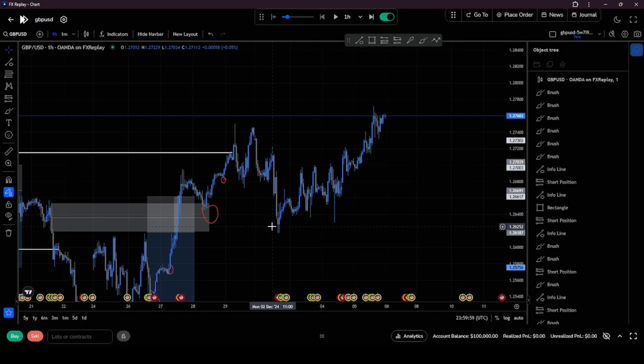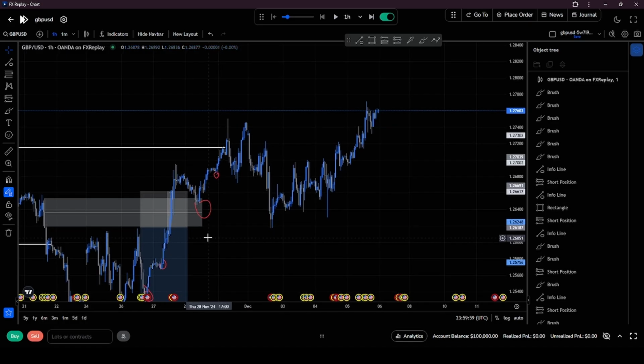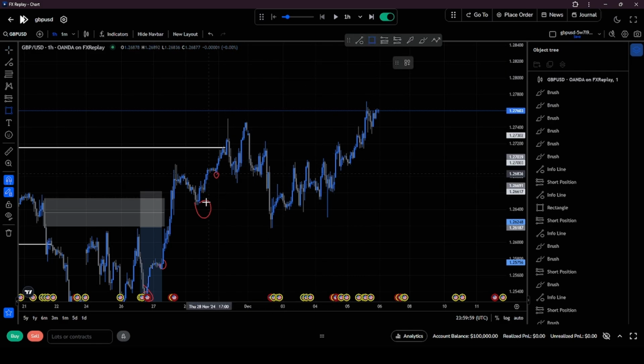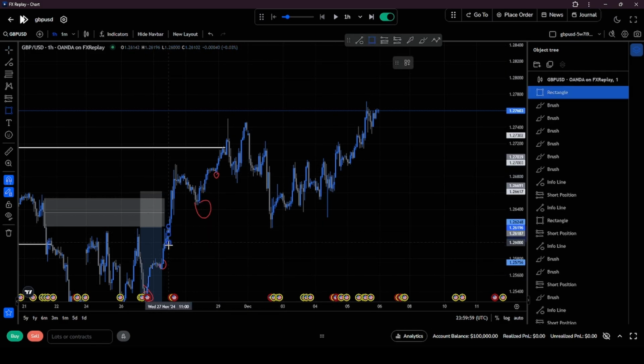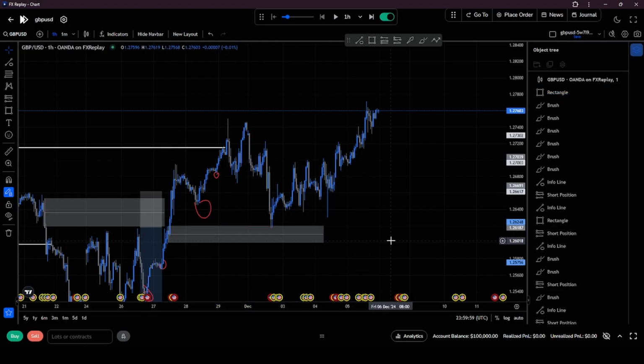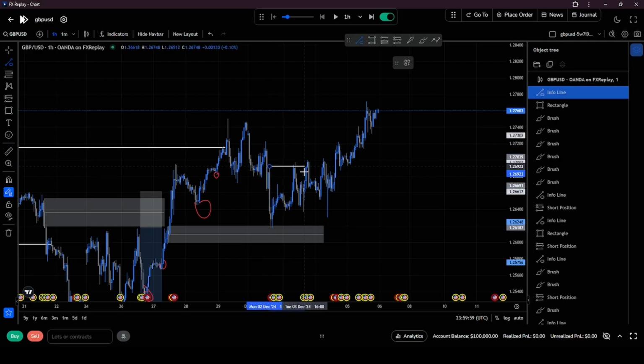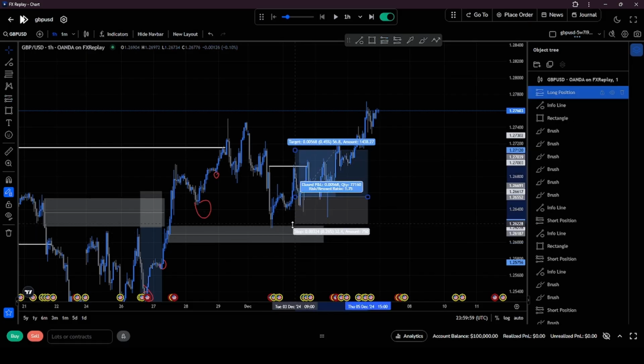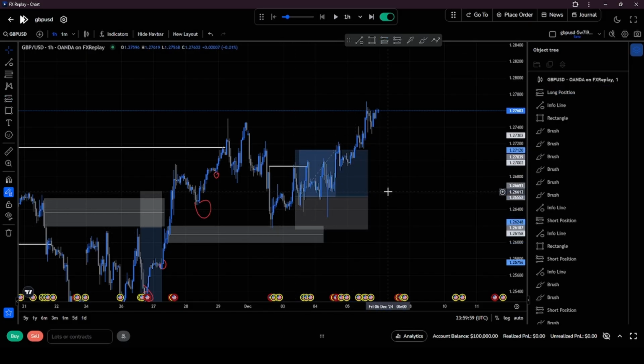All right. So price came back, mitigated this supply block. Okay. Gave a change of character here. All right. And then this trade.